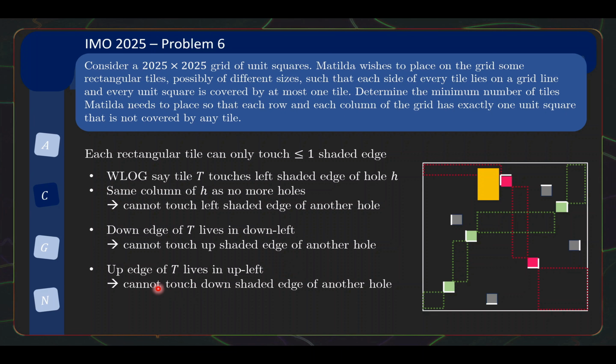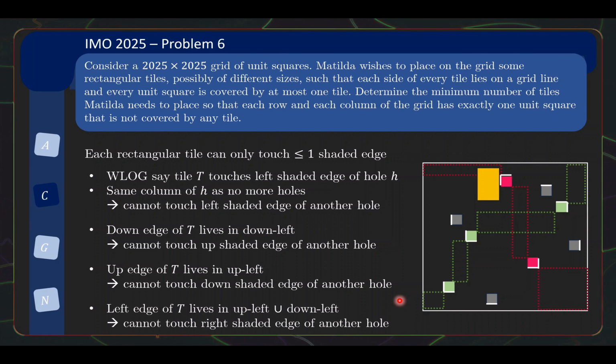But the down shaded edges are all in the down left intersect down right area. So the up edge of T cannot be touching any down shaded edge of another hole.